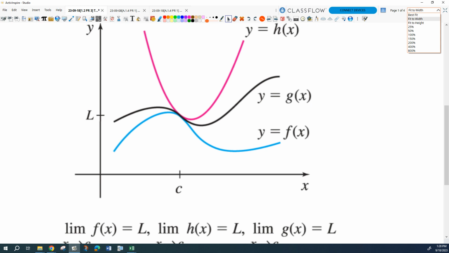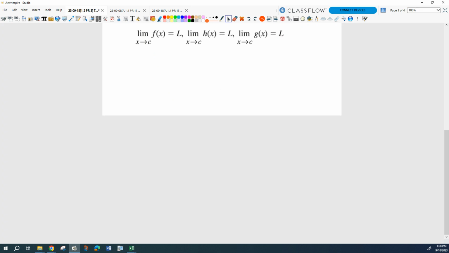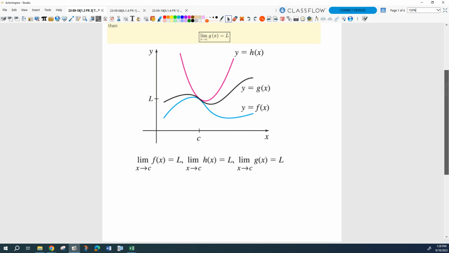Let's do that. There we go. How about that? Okay, so again, would you agree here that every place except possibly at c, the value of g of x is greater than or equal to the blue f of x function and less than or equal to the, what color is that?